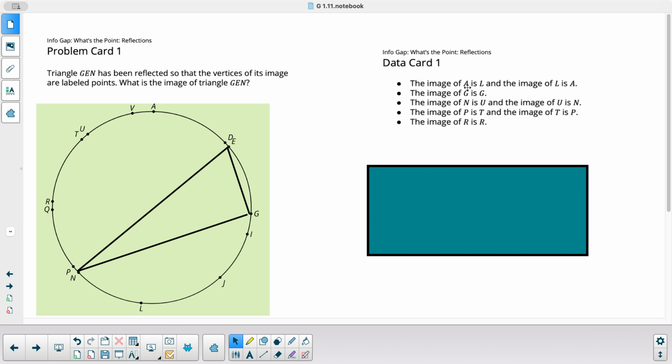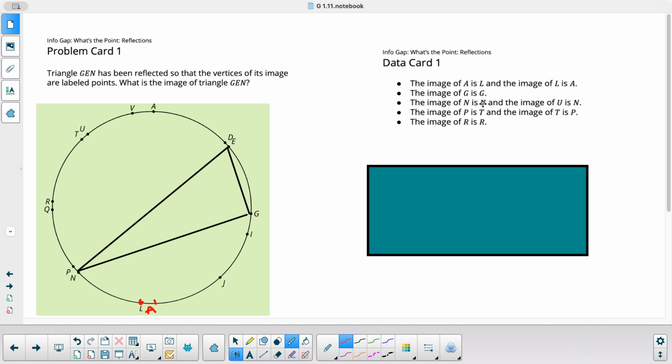So they do give us some images. The image of A is L. So they're not on the point. Think of this as A prime and this A. So basically, if I did a perpendicular bisector somewhere here of this segment here, that would be my line of reflection.